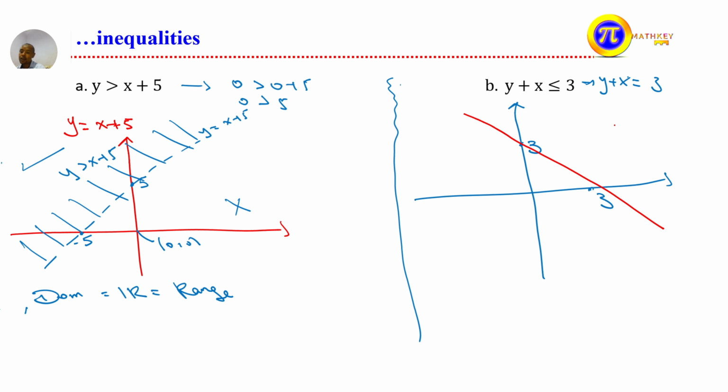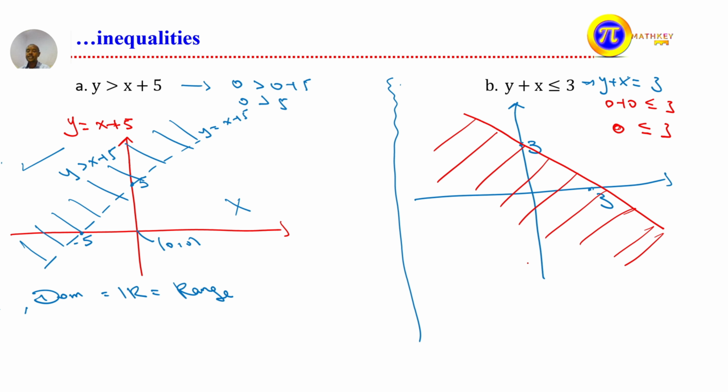For simplicity, it is better to take 0, 0. It is easy for substitution. 0 plus 0, which is less than or equal to 3. Yes, 0 is less than or equal to 3. It is true. So the region that satisfies this inequality is this region.